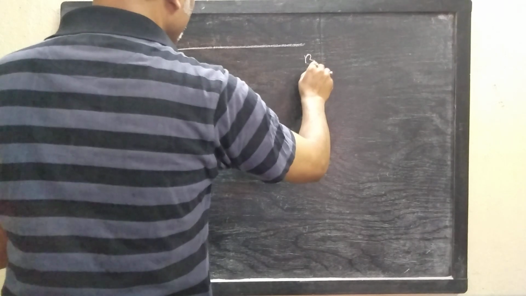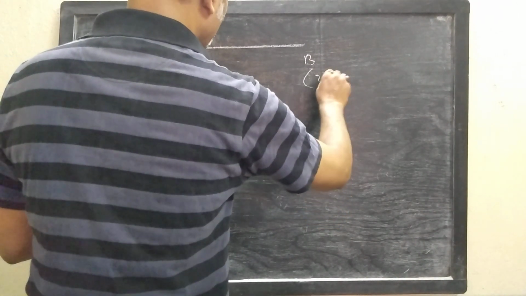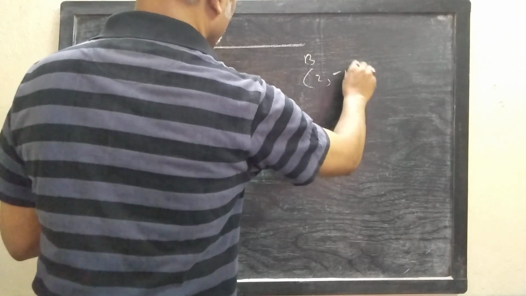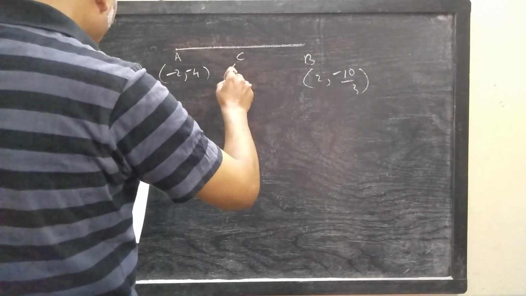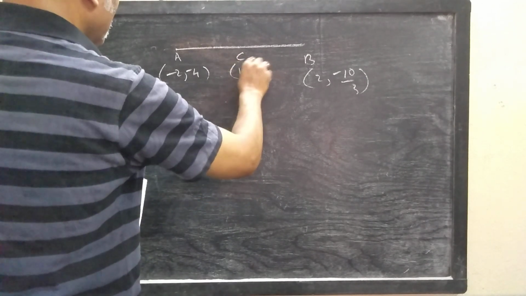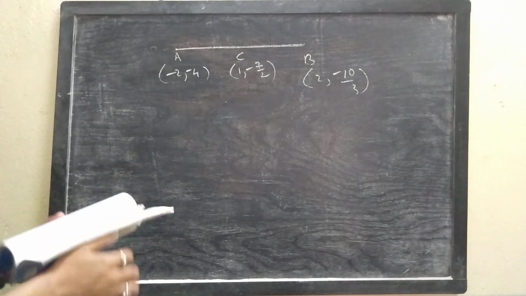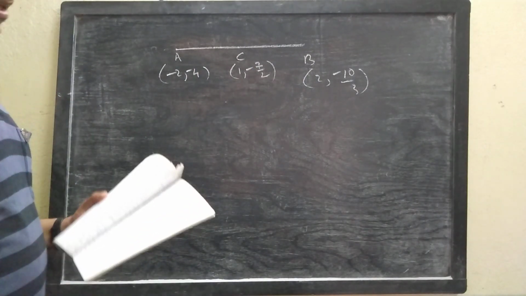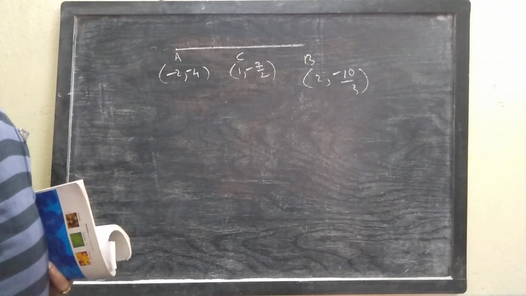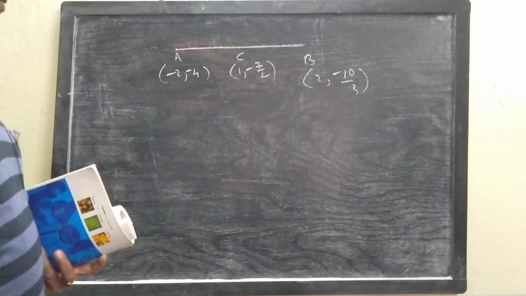Here is B, this is 2, minus 10 by 3. And here is point C whose coordinates are 1, minus 7 by 3. They have asked in what ratio C divides AB. They have not mentioned whether internally or externally. Your result will indicate the situation.